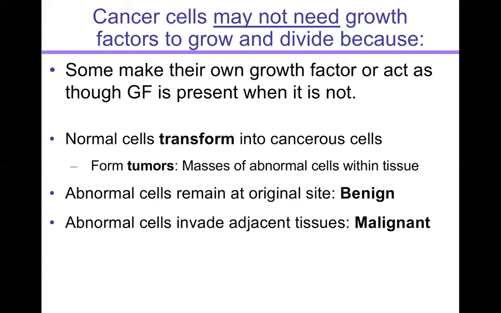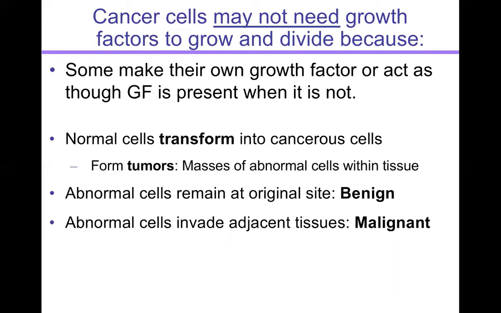In addition to that, you have these normal cells that ultimately are transforming into cancer cells because of errors in their DNA. And because they no longer listen to that whole density dependence, they make these tumors. That's where your cells are basically continuing to divide, and instead of spreading out into an even layer, are making these bumps, these masses, right?